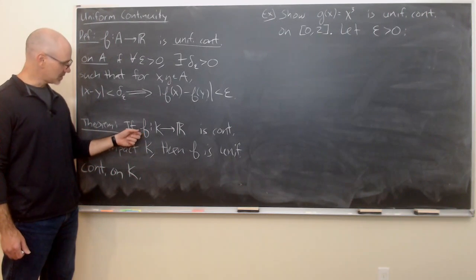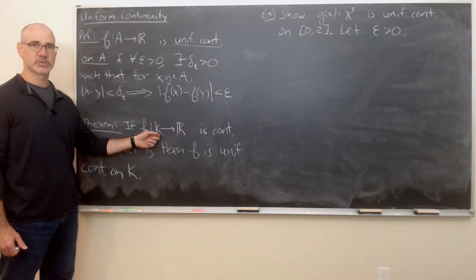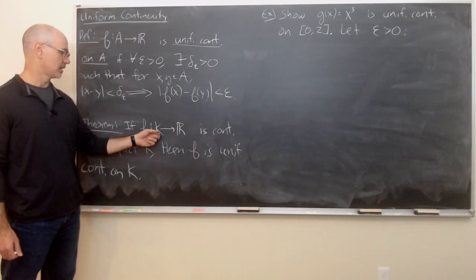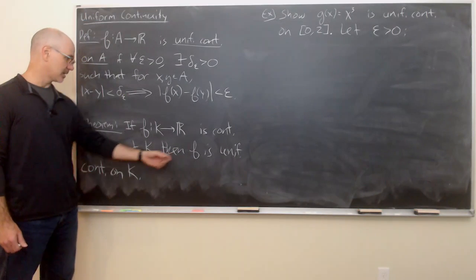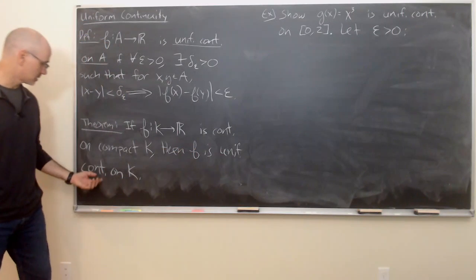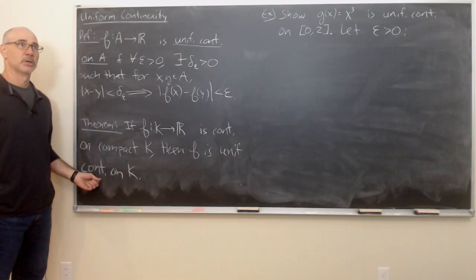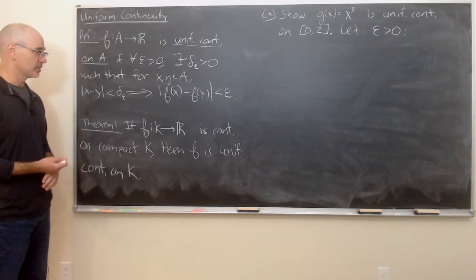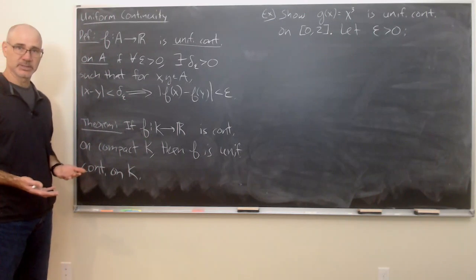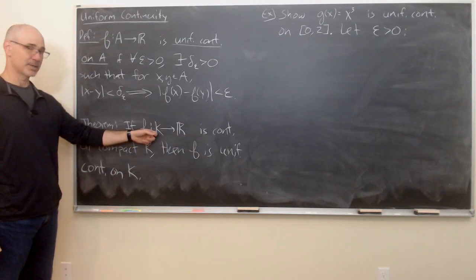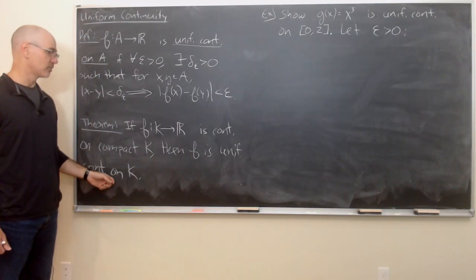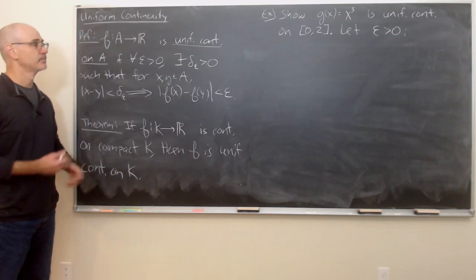Then if you have a continuous function and the set you're interested in is compact, in other words, closed and bounded, you automatically get that f is uniformly continuous on that compact set. So it's not true in general that continuous functions are uniformly continuous, but it is true that continuous functions on compact sets are uniformly continuous on those sets.